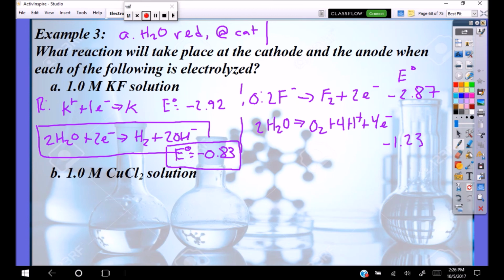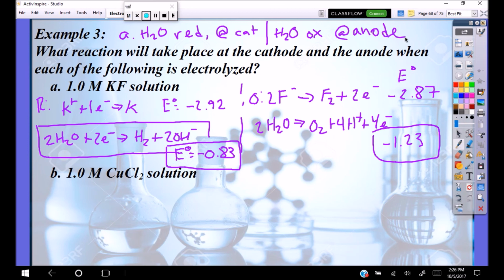And again, we go with the one that's more positive because that's the one that's more likely to happen. So here, water gets oxidized at the anode.